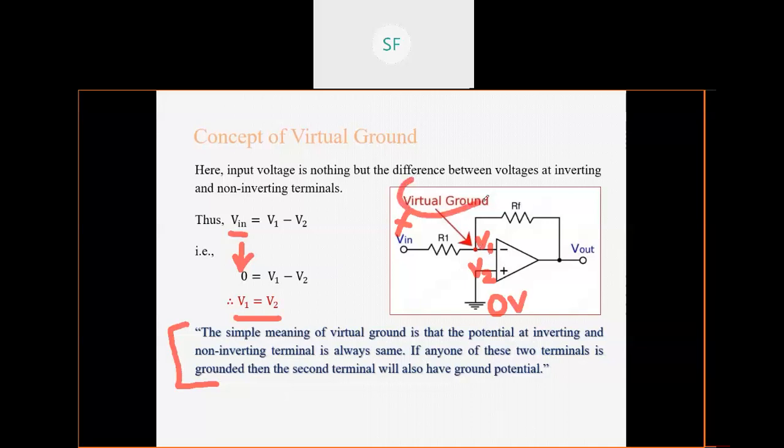This concept is called virtual ground. You can call this point a virtual ground. It is not a real ground, you should remember this. It is not physically connected to the ground, but it is acting like a ground. That's why it is called virtual ground.